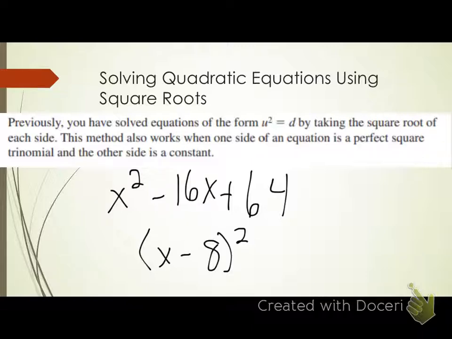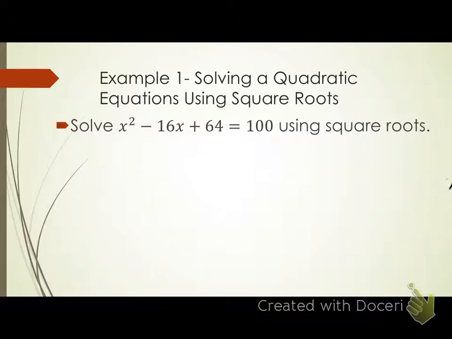So let's look at an example. It's the very same trinomial I put up on the previous slide. It says solve x squared minus 16x plus 64 equals 100 using square roots. Let's break down how we factored it earlier.